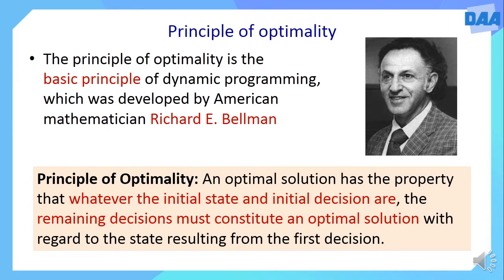Of course, dynamic programming works with a sequence of steps, a sequence of decisions. So the principle of optimality states that whatever the previous states, conditions or decisions may be, the remaining decisions must constitute an optimal solution. So an optimal solution is guaranteed by dynamic programming.